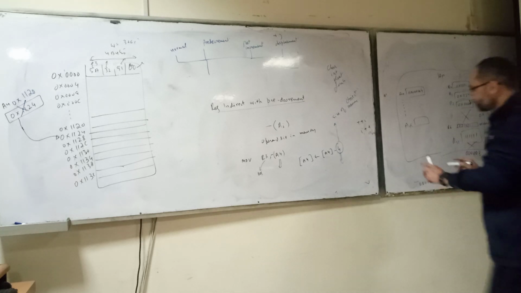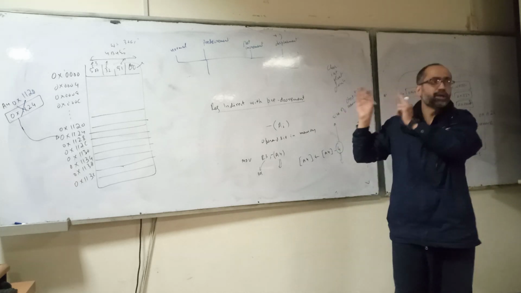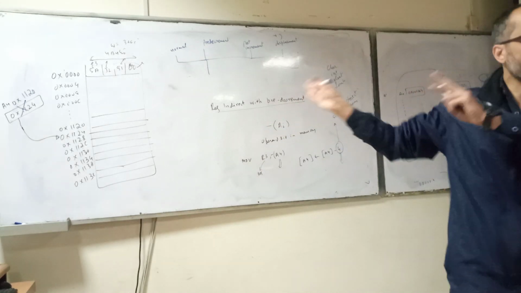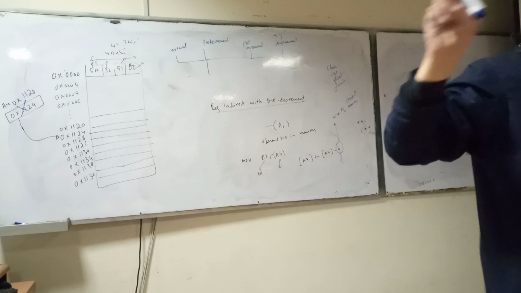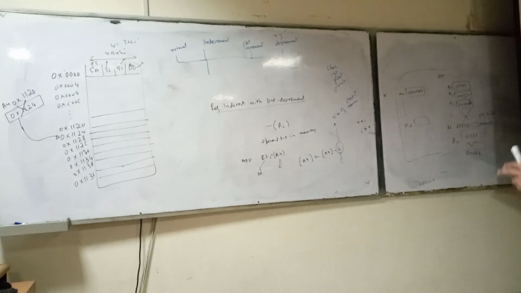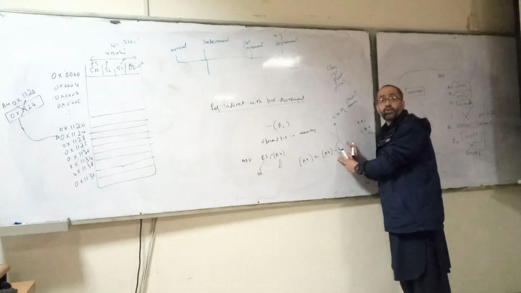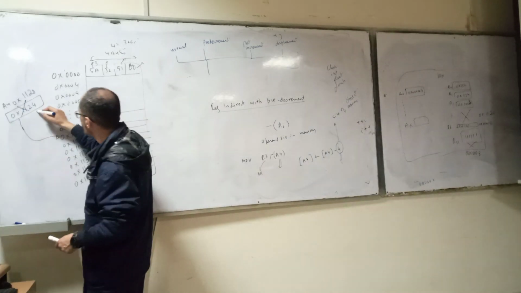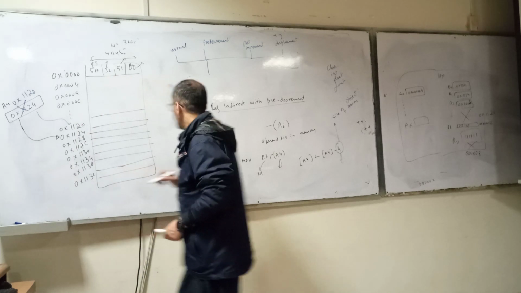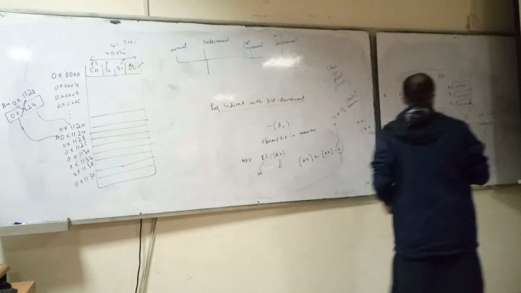Now in this particular scenario, what is the size? 4 bytes. So the object that we are accessing is 4 bytes. So first A4 will be decremented, and now A4 will be pointing to this location. Now we have register R3.